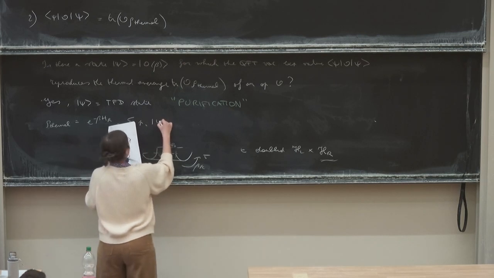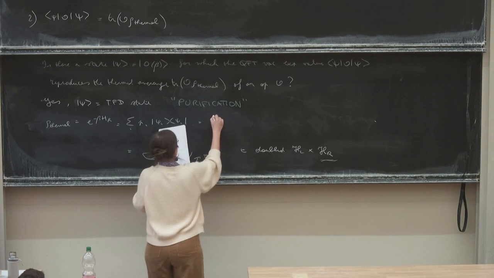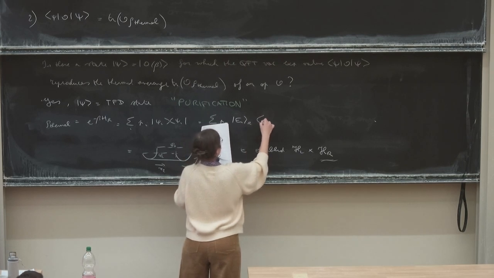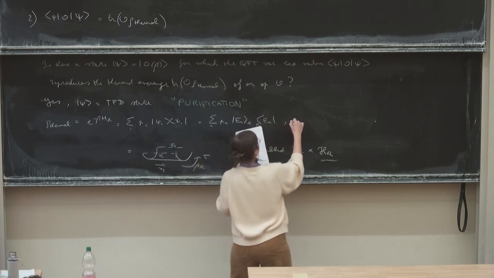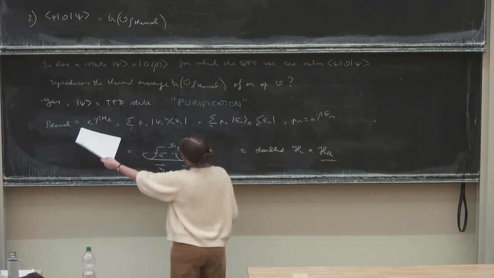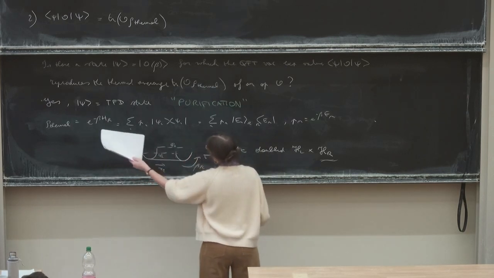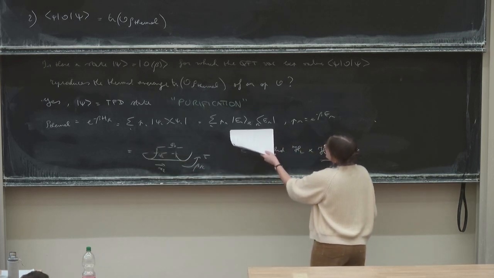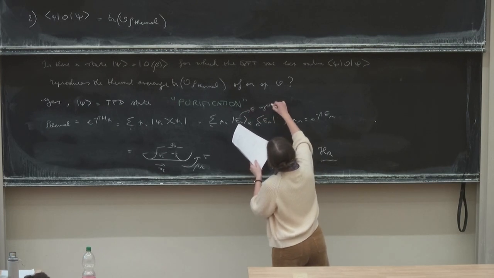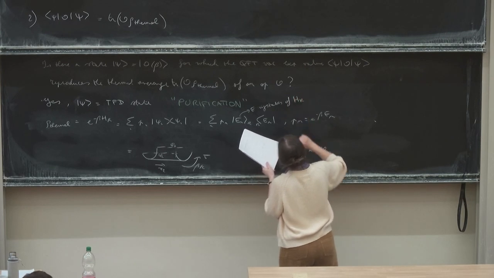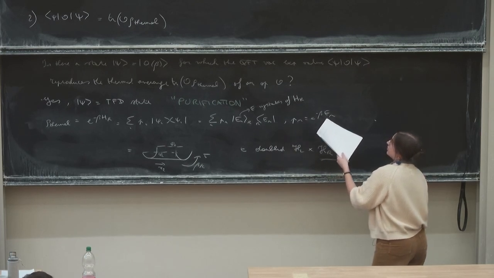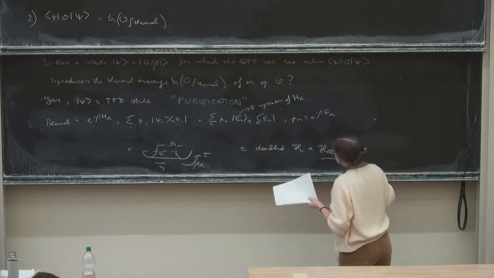Given the thermal system, so a thermal density matrix, which is a mixed density matrix of this form, which you can write explicitly like this in terms of the energy eigenstates of your Hamiltonian, which you called H_R, with probabilities p_n equal to e to the minus beta times the energy eigenvalues.